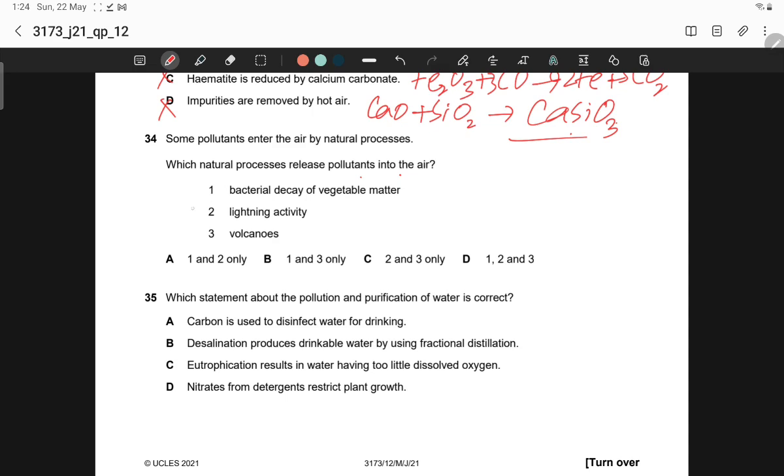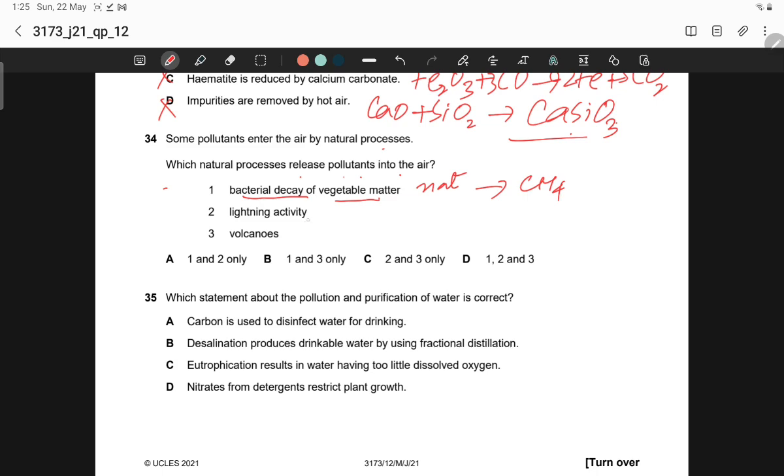Bacterial decay of vegetable matter. Yes, bacterial decay, and this is the source of methane gas. This is the natural process. Death and decay of vegetation producing CH4.